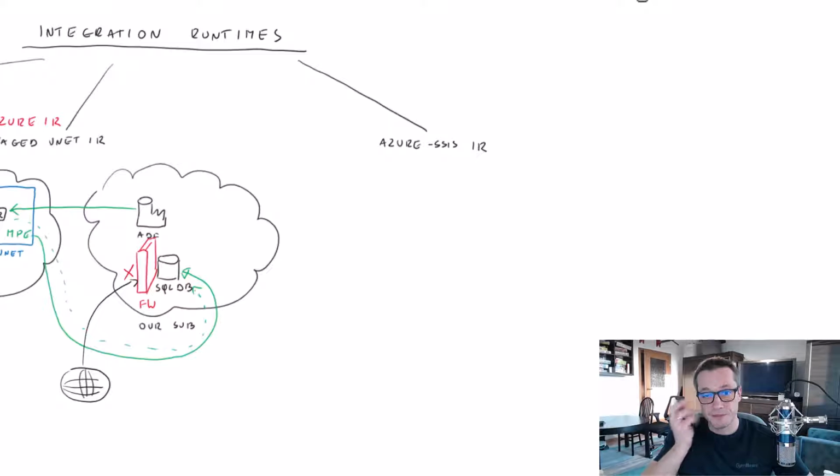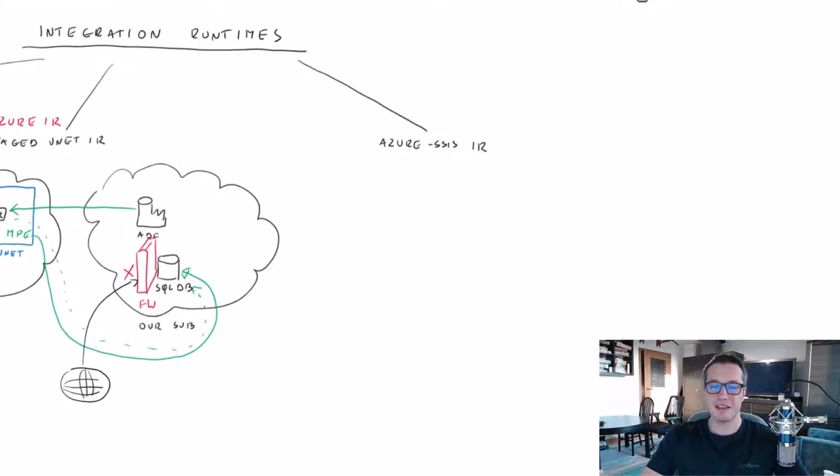Now, if you worked with ETL solutions on premises using SQL Server, then you should be familiar with this SSIS abbreviation. It stands for SQL Server Integration Services. And I like to call it a grandfather of Data Factory because these tools are quite similar, at least conceptually.